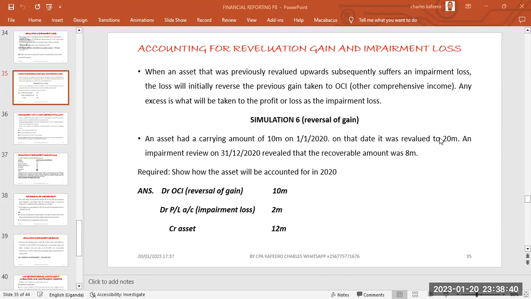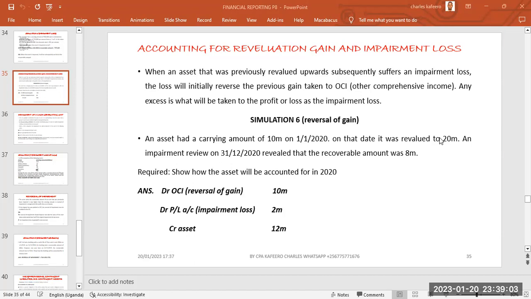So what will happen is that this 12 million we've got today, we will not record the whole figure because the same asset had a previous gain that was registered at the beginning of the year.